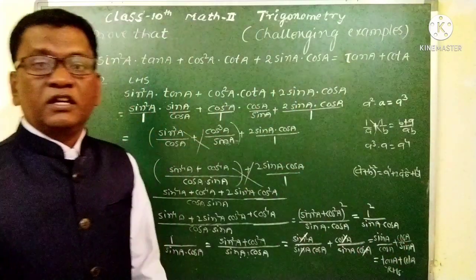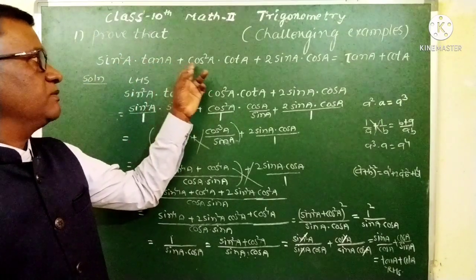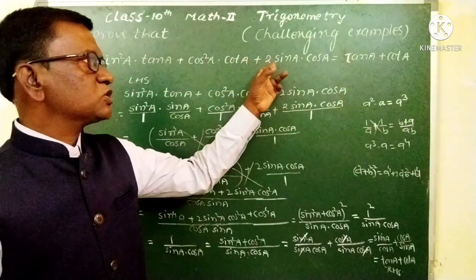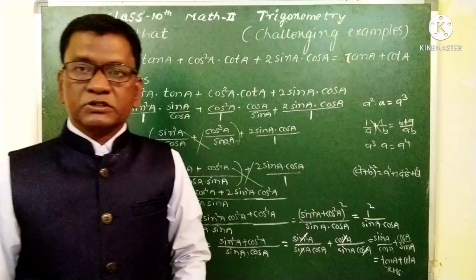In this way we can prove that sin square A into tan A plus cos square A into cot A plus 2 sin A cos A is equal to tan A plus cot A.